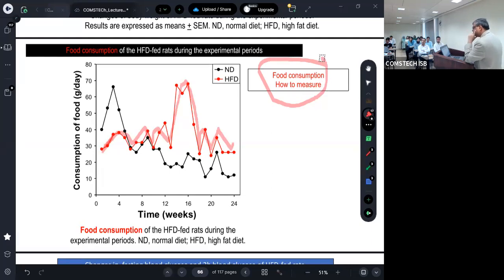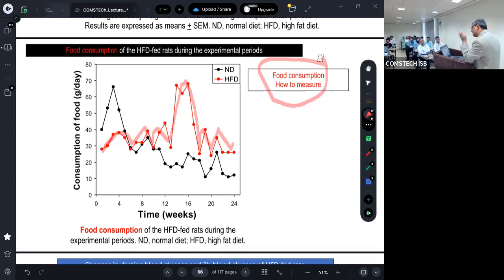What is the gram quantity? Like you have given a certain amount of food to a rat and you measure the leftover food, so you can know how much was used. Madam is absolutely right. Where are you from, madam? Mashallah, it is common sense.